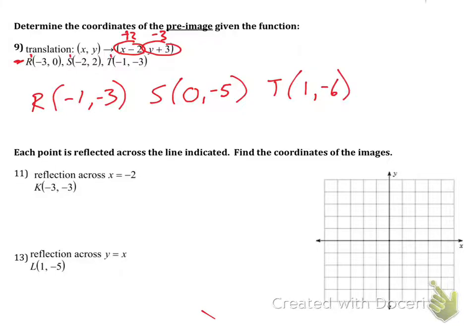So what that's saying is, if you were to graph this, R is down here at (-1, -3), and then S is (0, -5), which would be about right there, and then T is (1, -6), so it's kind of like this triangle right here. This is our pre-image, and that's these coordinates right here.